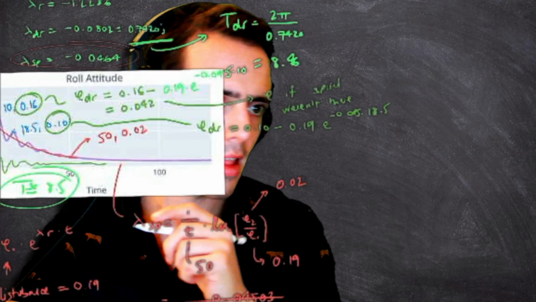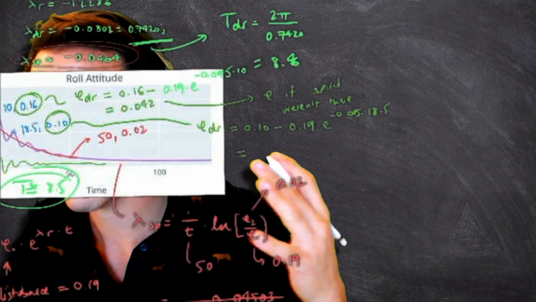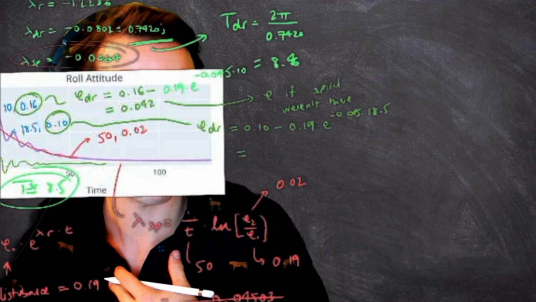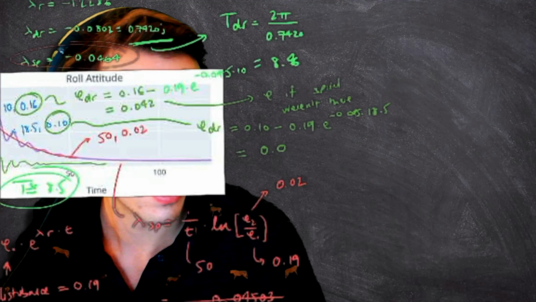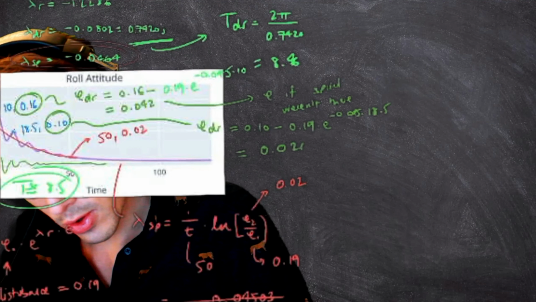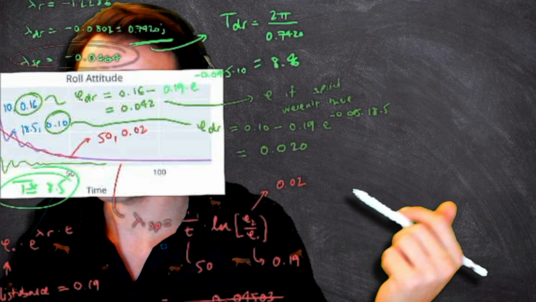And again, I've used slightly different values in the accompanying notes, so you can just check that if you want to see where these numbers come from. And we end up with a phi of 0.020.